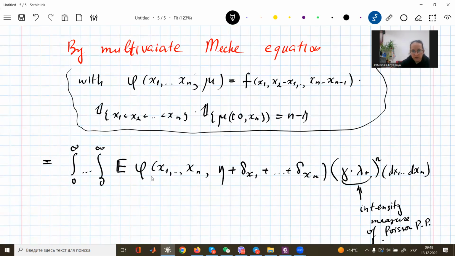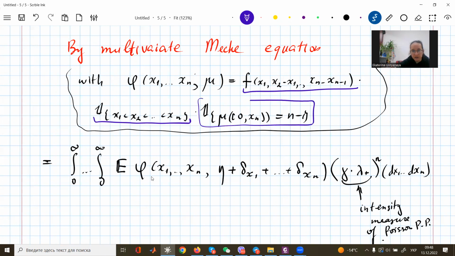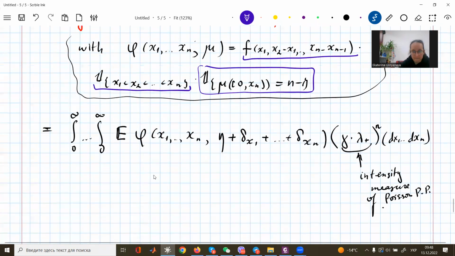We have non-random parts here, because they depend on fixed points. What is random will be just the indicator that has the random measure.